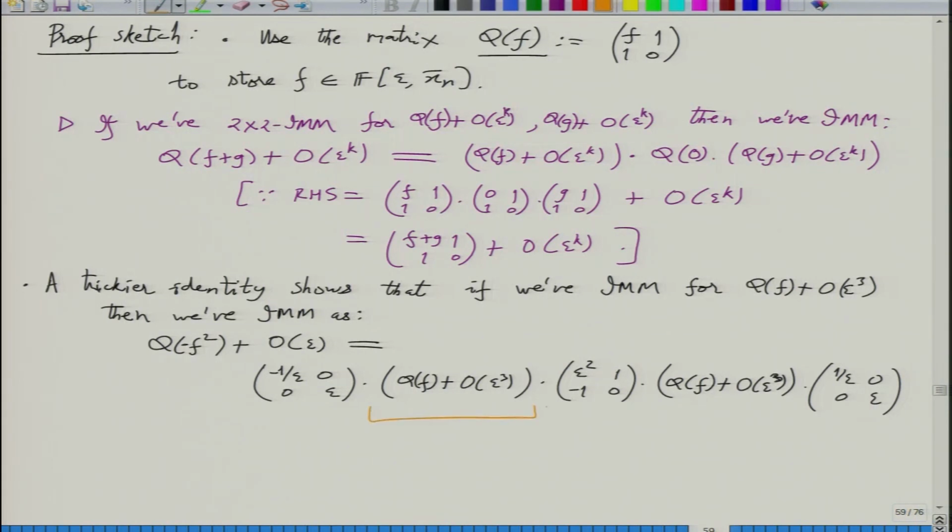So you want to compute f square out of this expression QF plus epsilon cube.